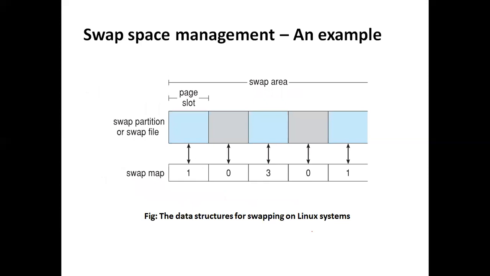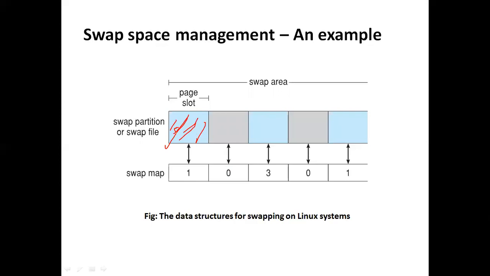Each of these swap areas is going to have a series of 4 KB page slots. The capacity of each page slot is 4 kilobytes, and they are used to swap pages. So whatever pages are going to be swapped, those are going to be placed in these page slots.